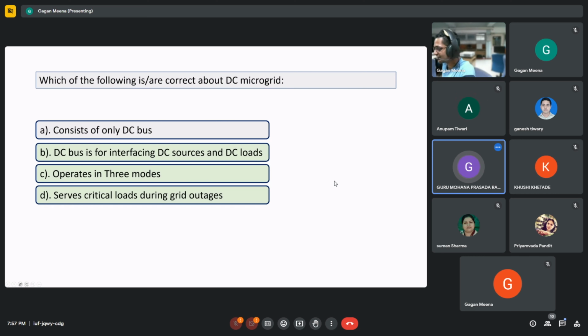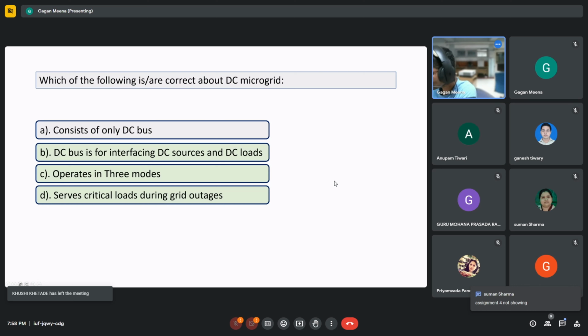Sir, small request, sir. The assignment marks are not displayed in the progress. No, it is there, sir. Some of you are saying not showing, and some are saying showing.